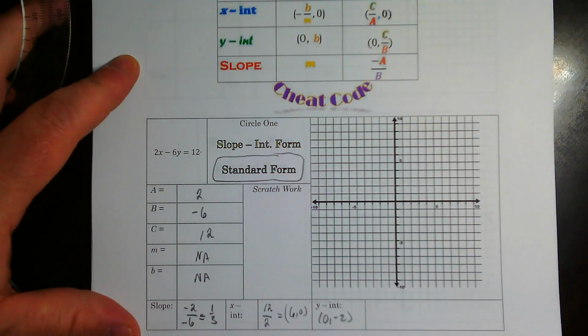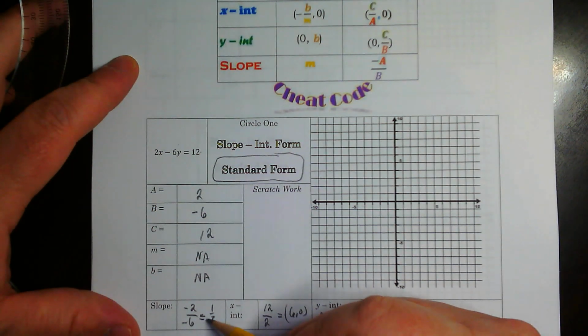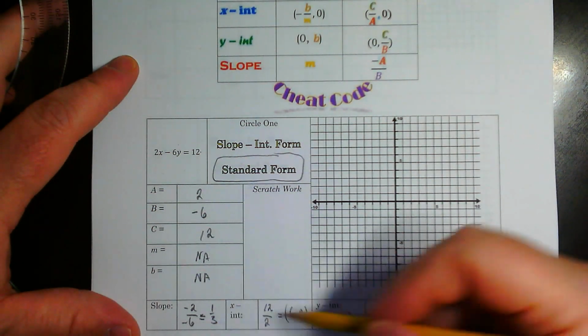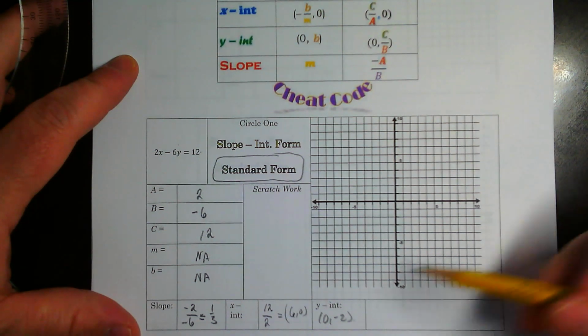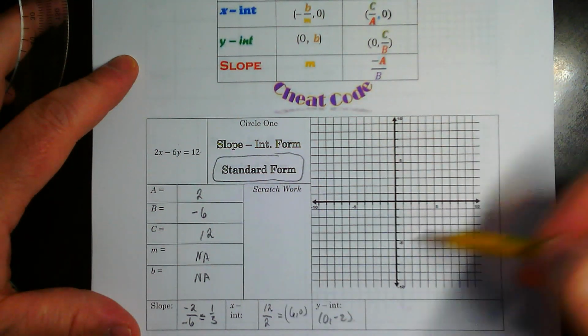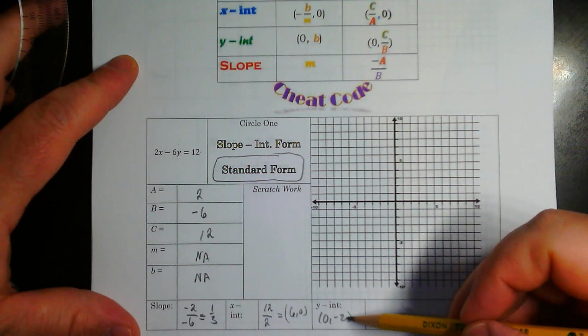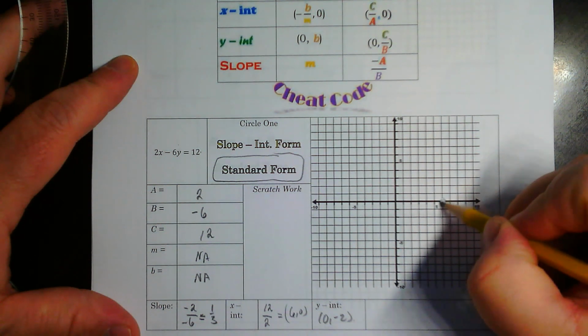All right, so then we just got to graph all that information, right? So there's a couple ways to do this. You could plot this point and then count your slope, or you could plot this point and count your slope, or you could plot both points. It really depends on the situation, like how much room is on your graph. For example, if one of your intercepts didn't fit, you could just plot the other and count the slope. So let's see, 6, 0, that's our x, it's right there.